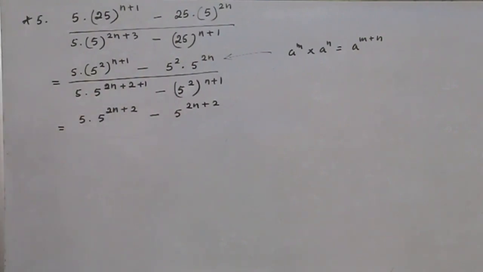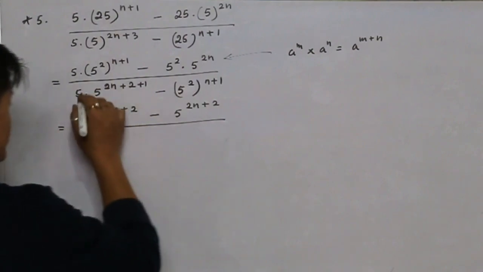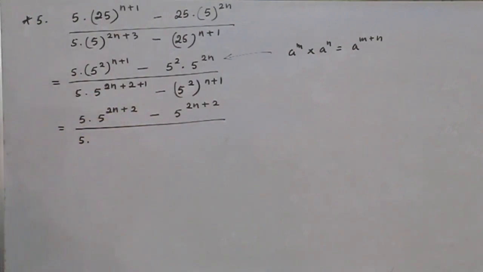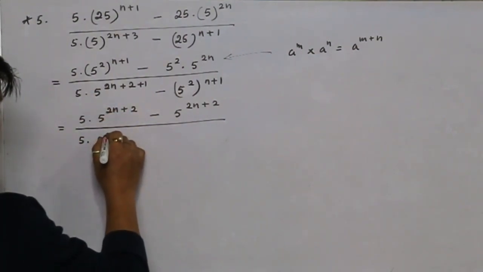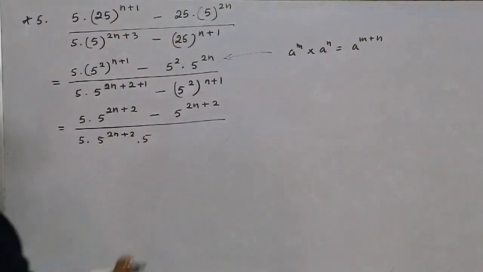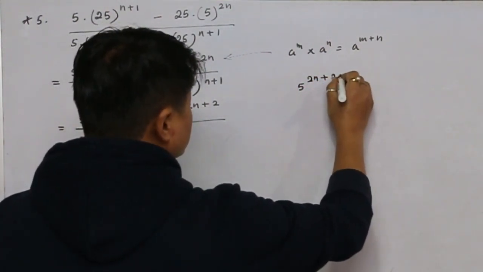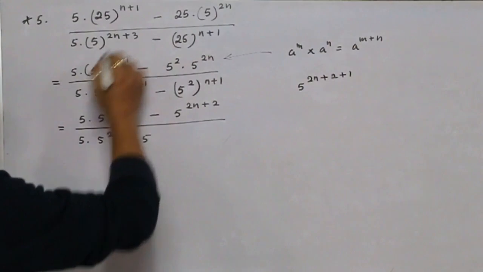And here, if we write 5 to the power 2n plus 2 into 5, we can write 5 to the power 2n plus 2 plus 1. 2 plus 1 is 3.